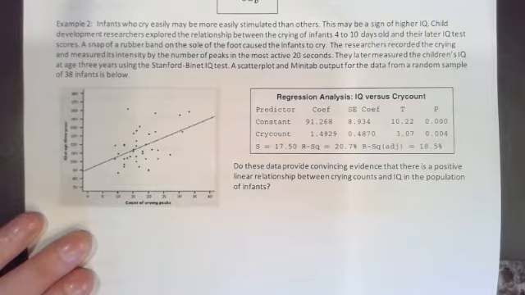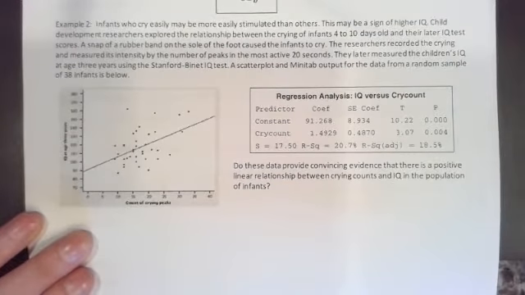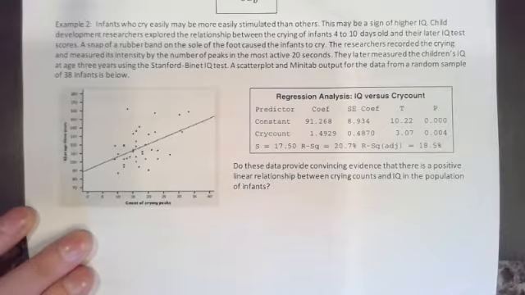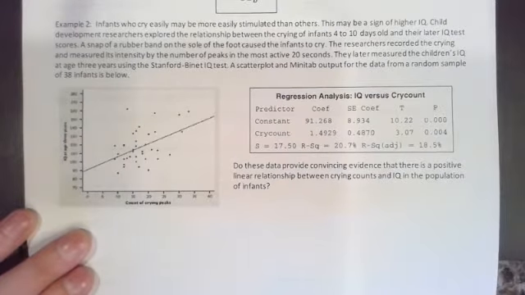The researchers recorded the crying and measured its intensity by the number of peaks in the most active 20 seconds. They later measured the child's IQ at 3 years of age using the standard IQ test. A scatter plot and Minitab output have been provided here.